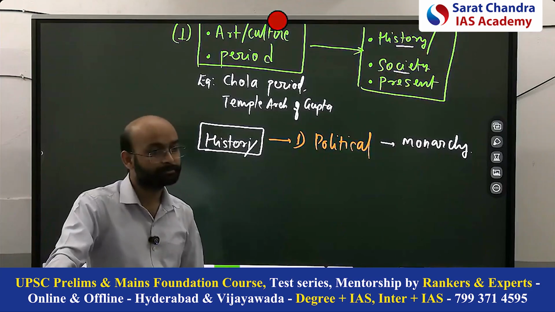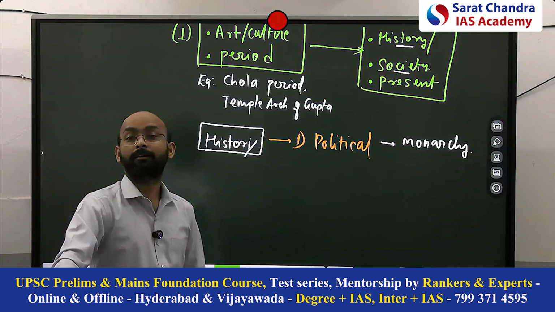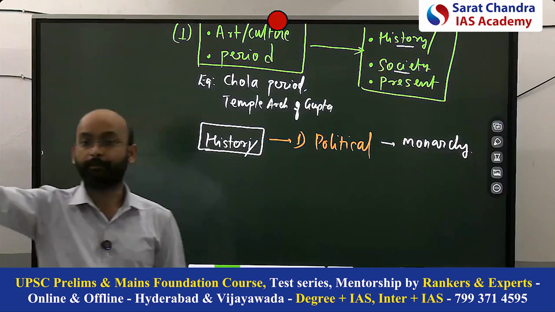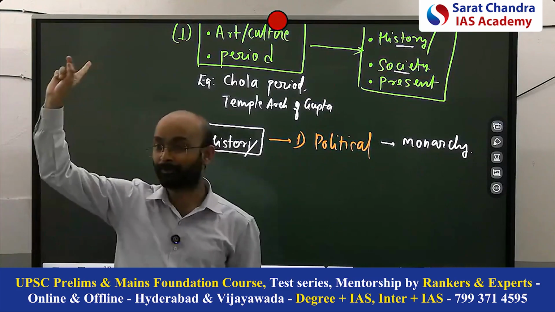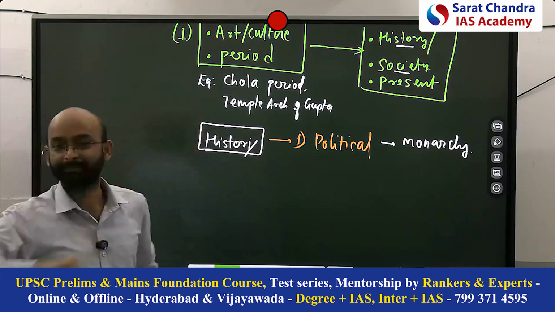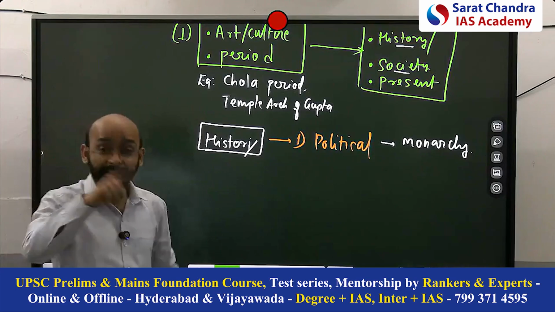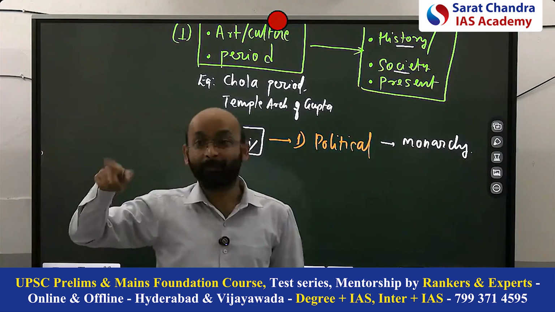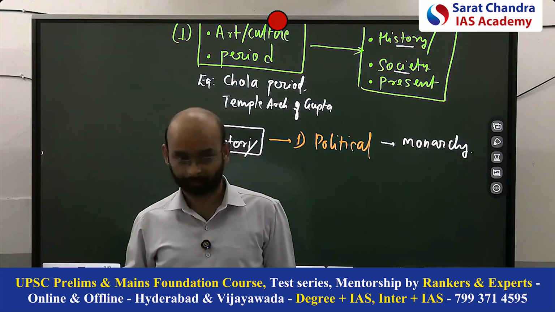Ancient history? Villages, like local government: Sabha, Samiti, do we find them in the Vedic period? Do you find the republican type of polity? The kingdom to which Gautam Buddha belonged was a republic, isn't it?